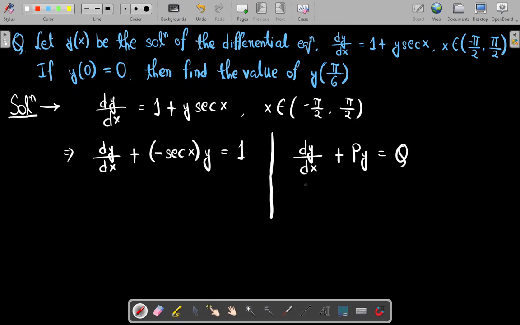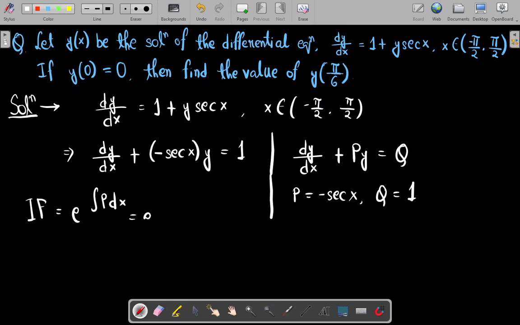Where p and q are functions of x or constants. So in this case, p is minus sec x and q is 1. So this implies the integrating factor is given by e to the power integration of p dx.